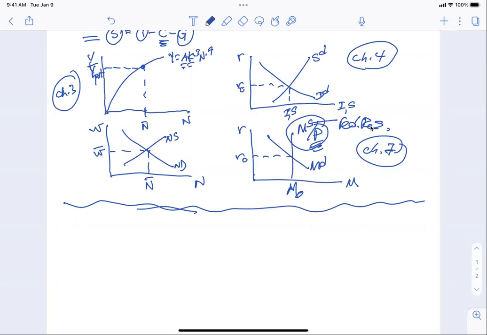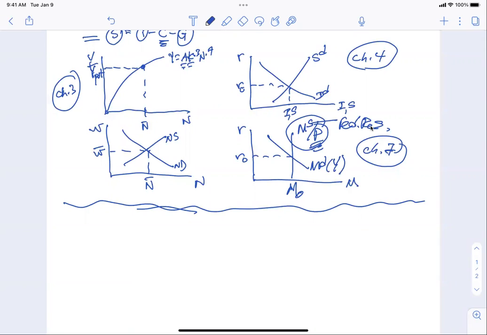This won't be exactly true, but for all practical purposes, you can think of the money demand curve as not changing a lot, right? It's related to the level of GDP, so I put a Y in there.